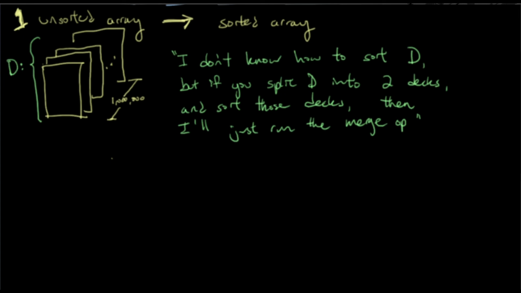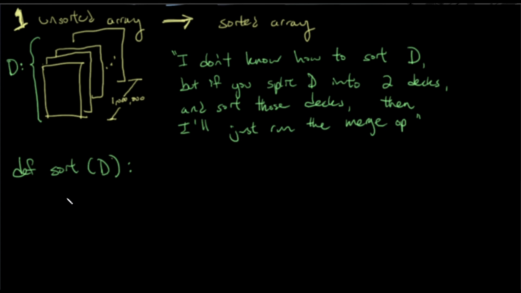And so what we're going to do is define some pseudocode here. Let's say we wanted to sort this deck of cards D. What we're going to do first is split D into two decks.